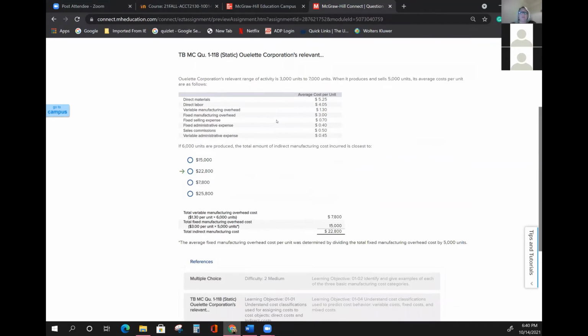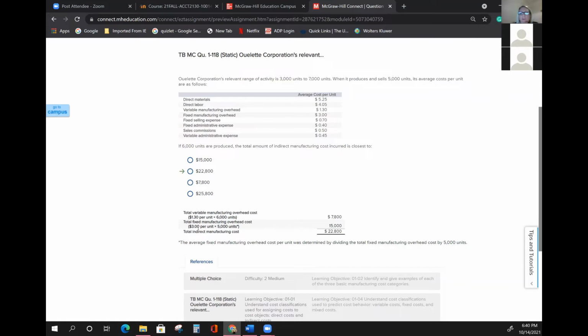All right, so how do we calculate the manufacturing overhead? We have to take our variable manufacturing overhead costs. It's listed out right here. Variable manufacturing overhead is $1.30. It's telling us 6,000 units are produced. So we're going to just multiply the 1.30 by the 6,000 to come up with the answer, which is 7,800 in this example. And then we're going to look for our fixed manufacturing overhead, which they are telling me is $3.